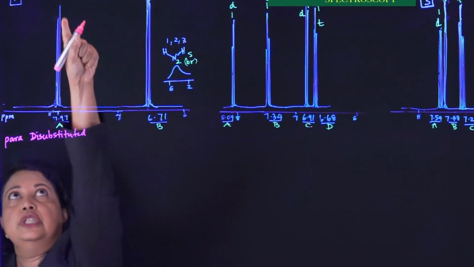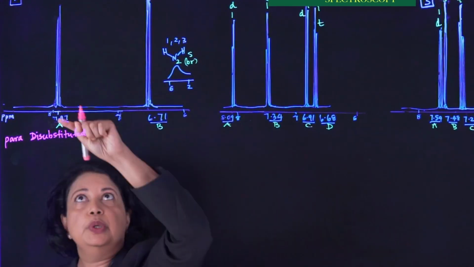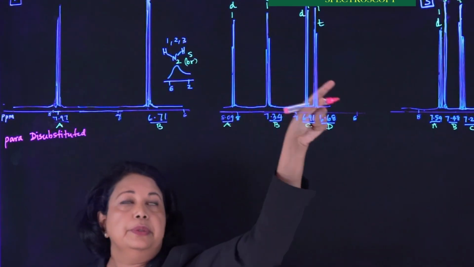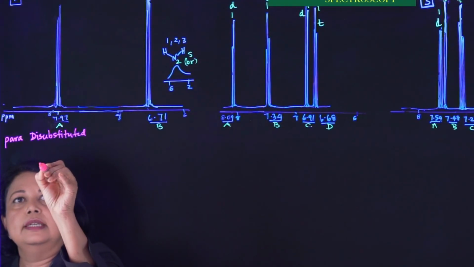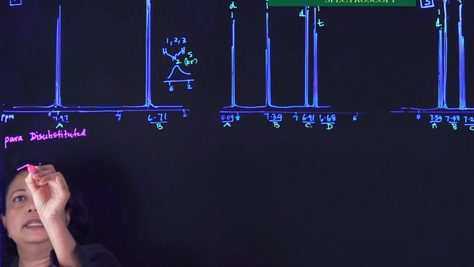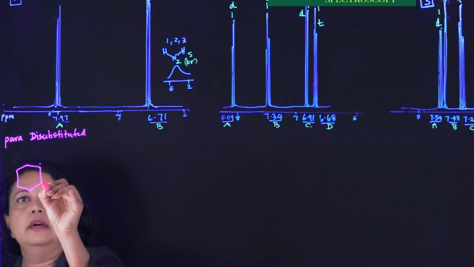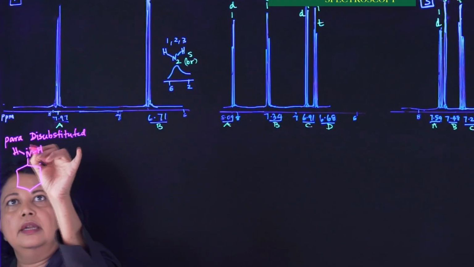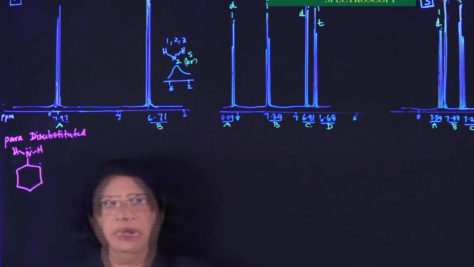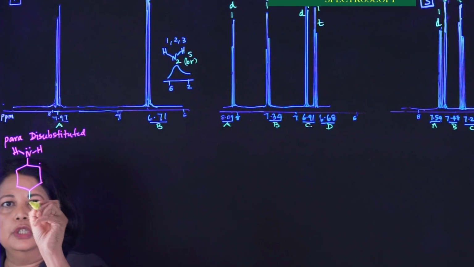The number of hydrogens for this is written on the top, so we don't have that integral going through. Over here we have 2 hydrogens, and let's suppose that this is going to be your structure where you have your NH2 and your nitro groups opposite each other.